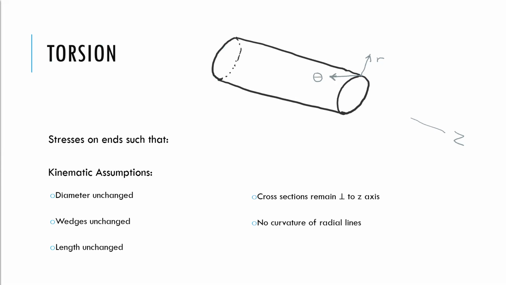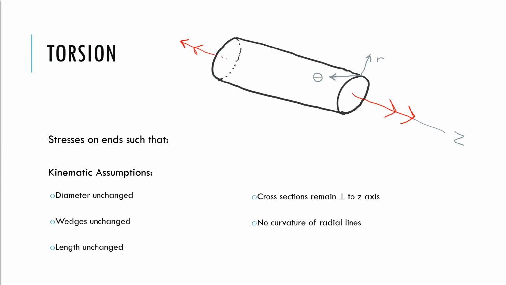we apply stresses on the ends of the member such that we have a moment about that Z-axis.